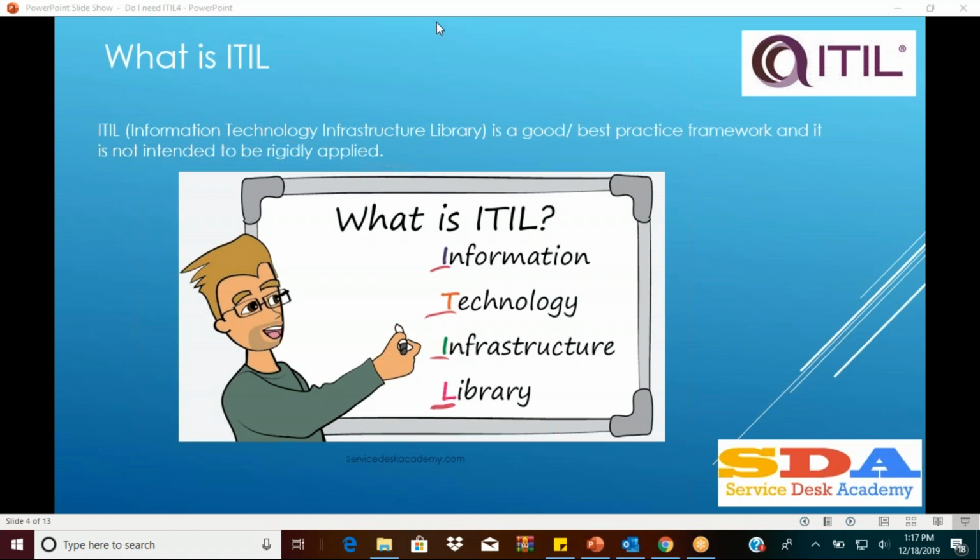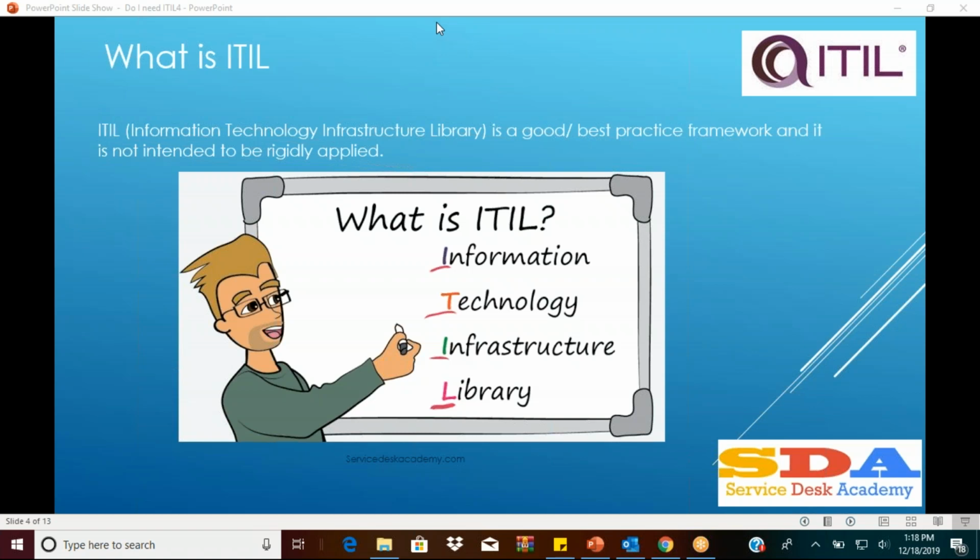That is the real definition of IT service management in ITIL 4. But in layman terms, IT service management is managing your IT services with respect to your customer requirements.